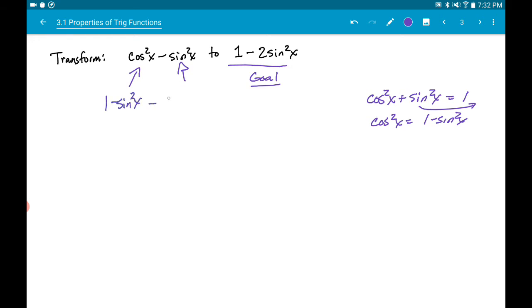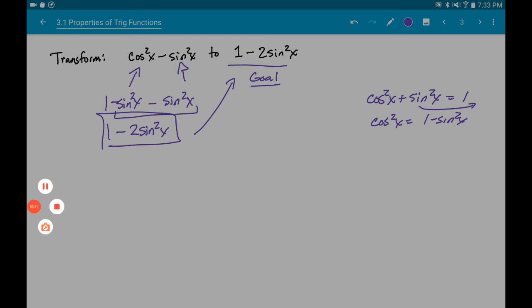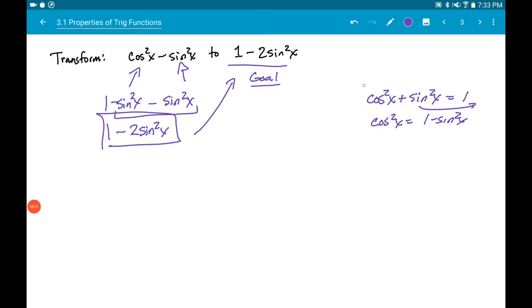And then this one is just chilling. So now I have 1. It's kind of weird because it's new, but combining like terms, I have minus 2 sine squared. And now I'm done, because that was the goal. It's all about choosing wisely, so to speak. Again, practice it.